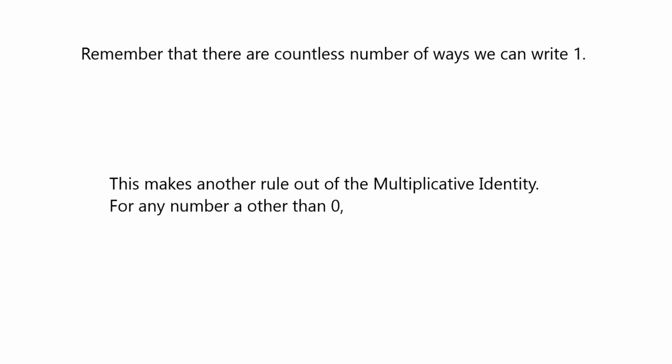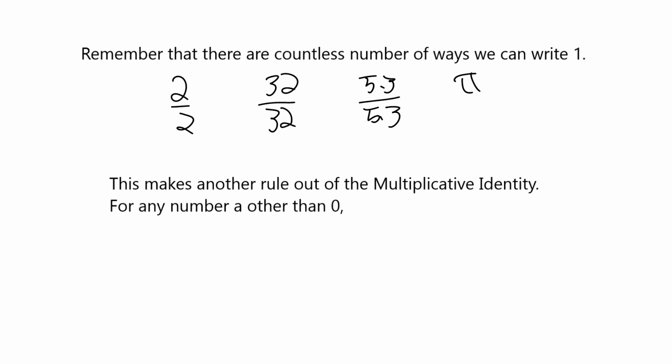Most of them as fractions, like 2 over 2, 32 over 32, 5.3 over 5.3, pi over pi, x over x. In fact, there are thousands, millions, trillions.